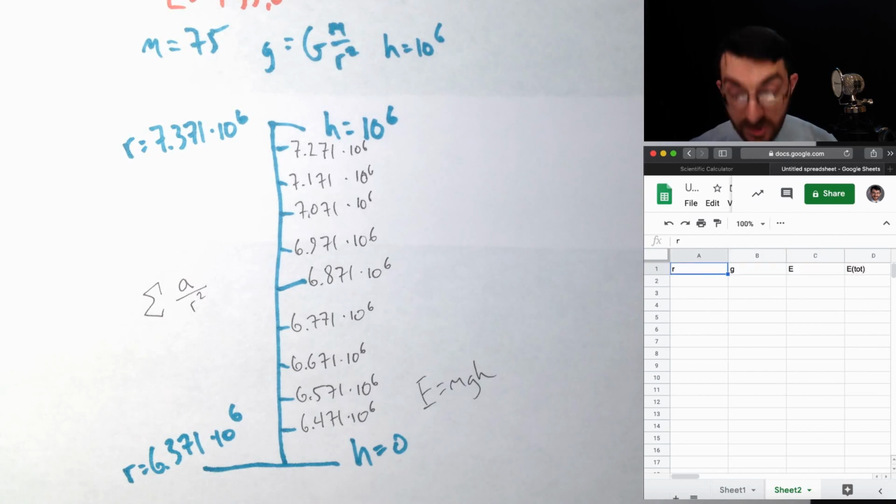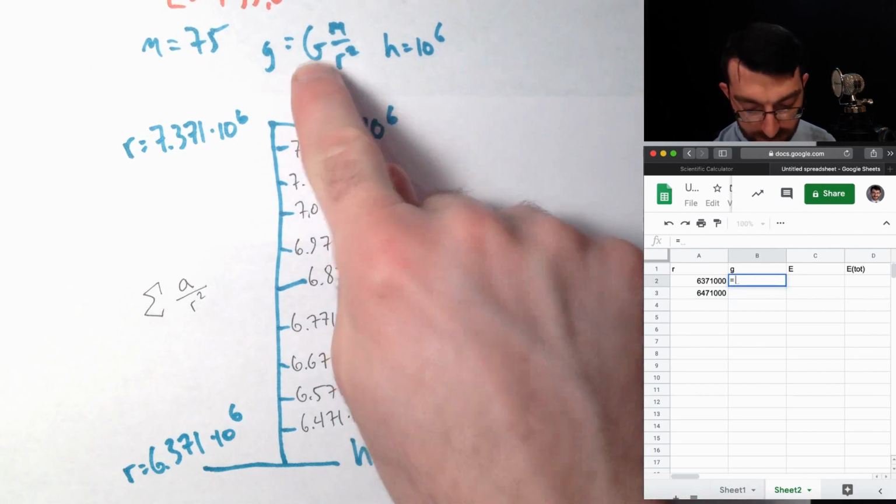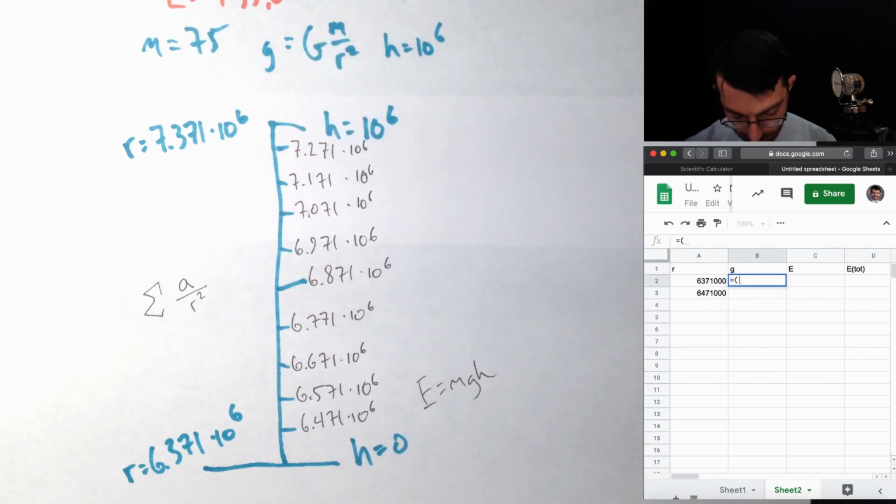All right, so here's how this is going to go. This is going to start on the surface of the Earth, and I'm going to go in 100,000 meter increments, which means the next height is going to be that plus 100,000. Gravity is going to be equal to, following this equation, 6.67 times 10 to the negative 11.